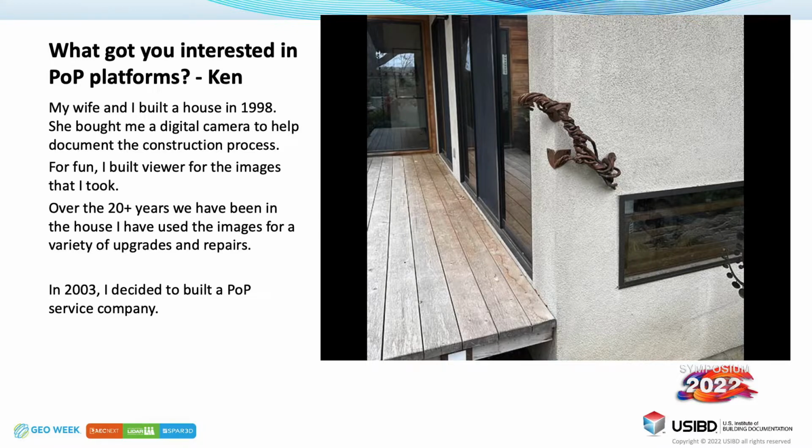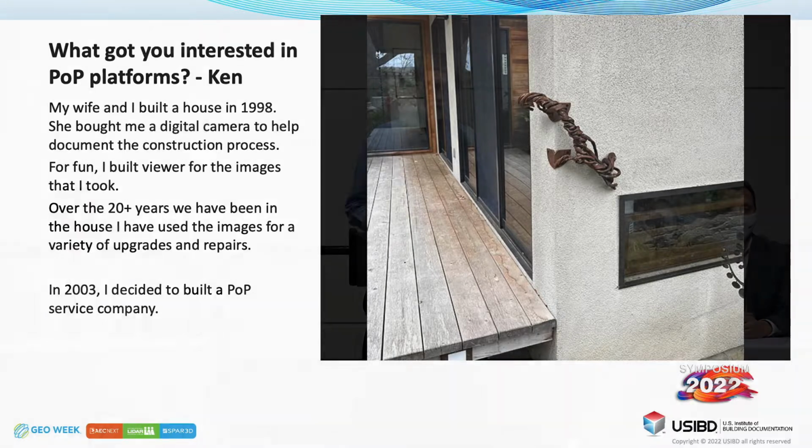The date that it was added was this year; the date the picture was taken is 1999. The fact that I could still find that within about 20 seconds of using the viewer made it possible for us to make sure we didn't electrocute someone by drilling into a wire or something like that. Anyway, that's my story, and Philip?